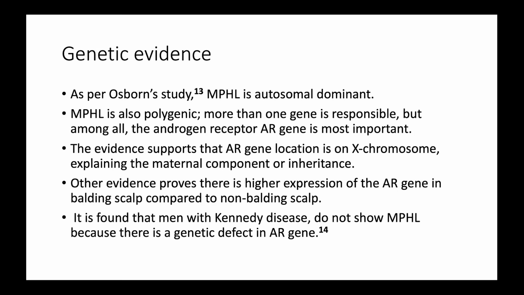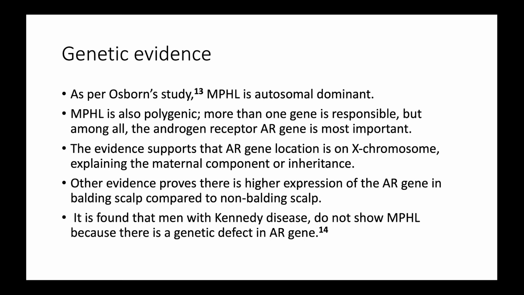Then we come to the next factor, the genetic factor. O'Brien did a study and found that male pattern hair loss is autosomal dominant. Male pattern hair loss is also polygenic. More than one gene is responsible, but among all, the androgen receptor AR gene is the most important.